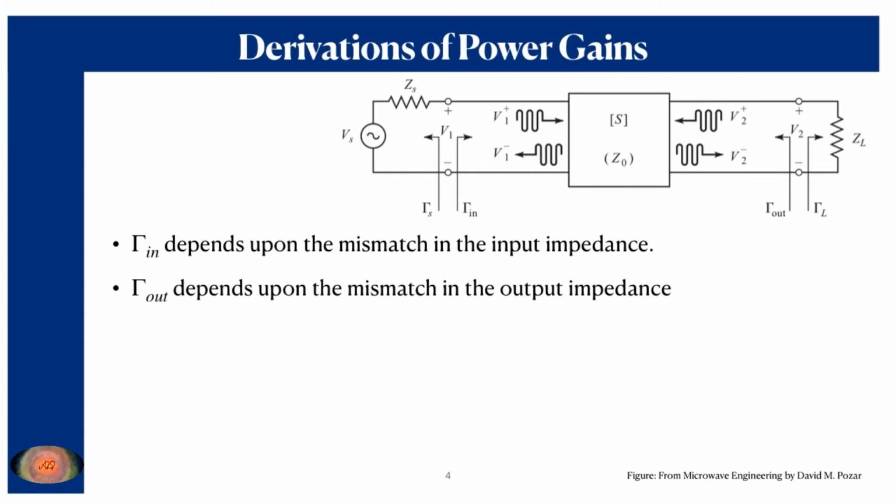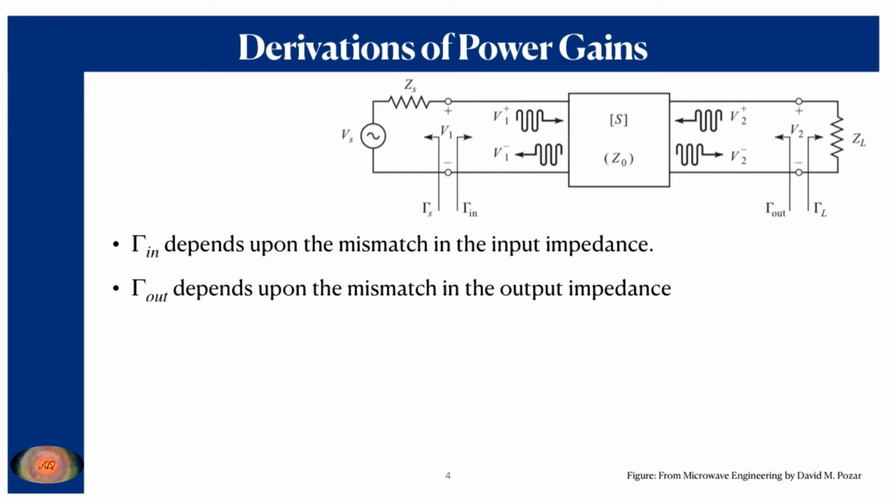So you can easily identify the reflection coefficient generated due to the mismatch in input impedance, and here it is denoted as gamma in, and gamma out, which is used to represent the mismatch in output impedance with that of the characteristic impedance of the device.